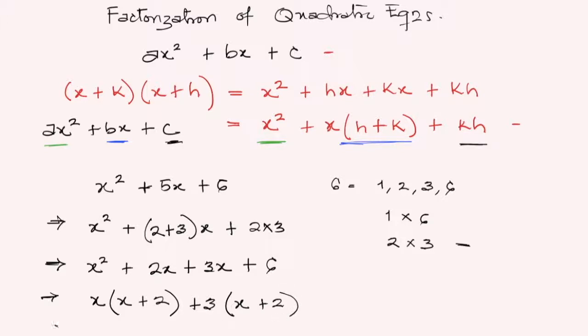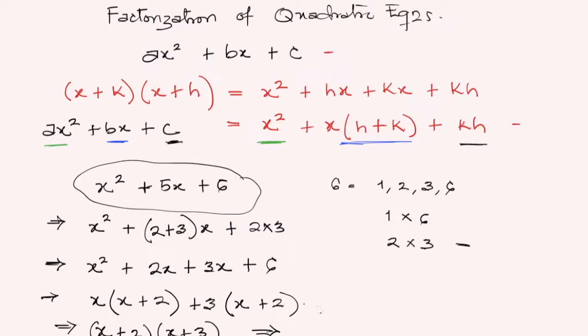And so we can see in this case that our final expression of factors is x plus 2 and x plus 3. You remember how we do this? X plus 2 is common to both sides, and we write down the remaining, which is x plus 3. Now these are the factors of this example here.